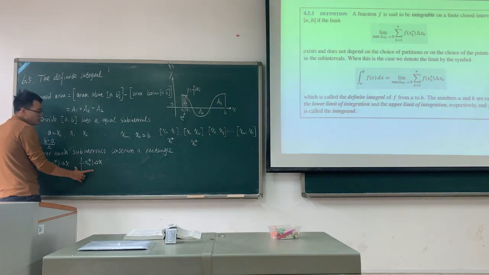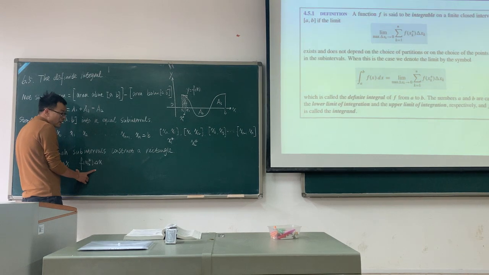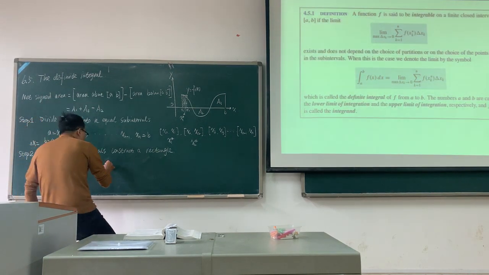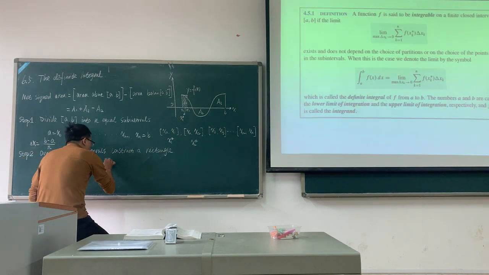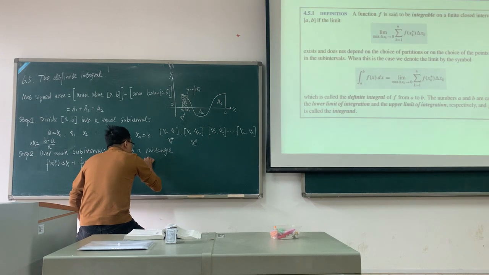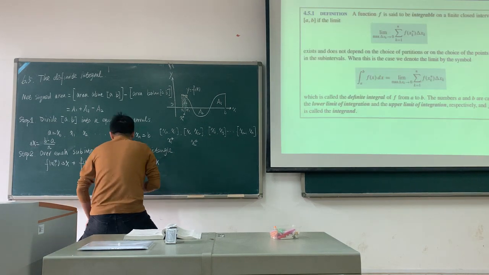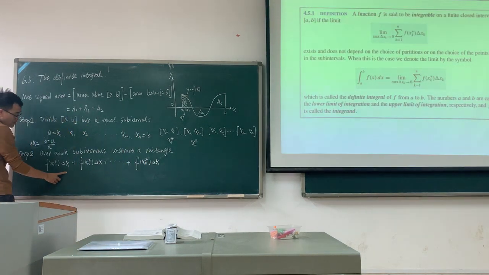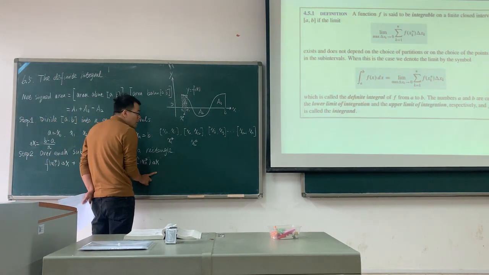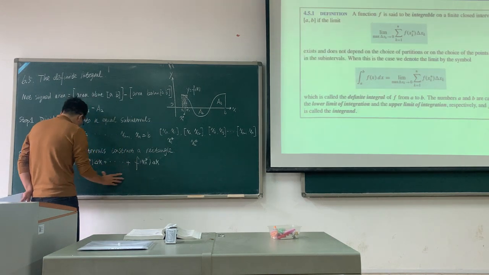So here, this is the area of the second rectangle. So the last one is f(x_n star) times delta x. Okay. So the area of the first rectangle, the area of the second rectangle, up to the area of the last rectangle.